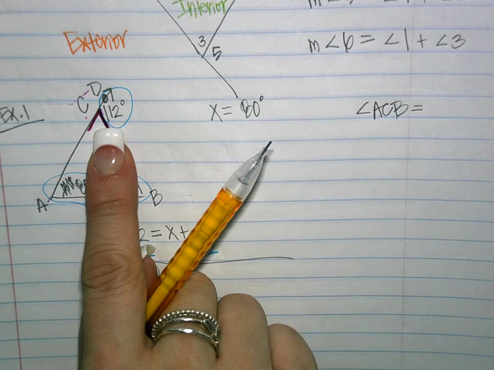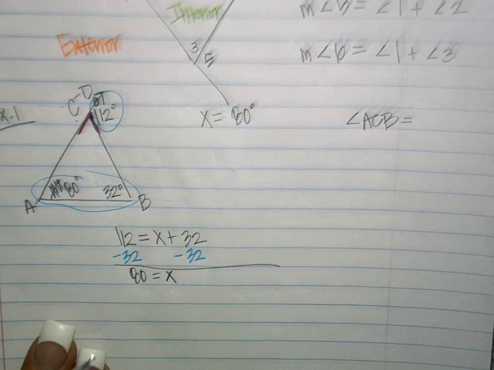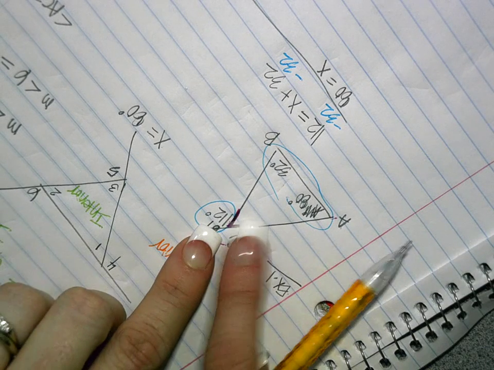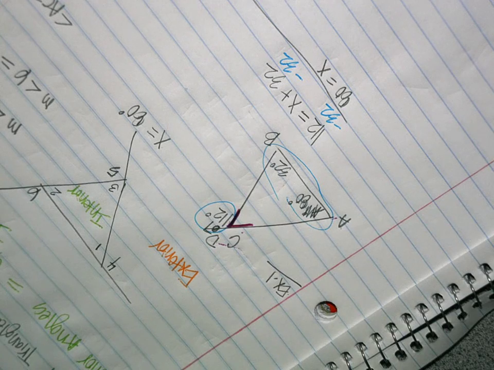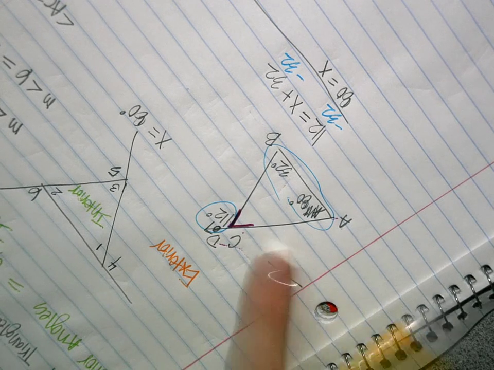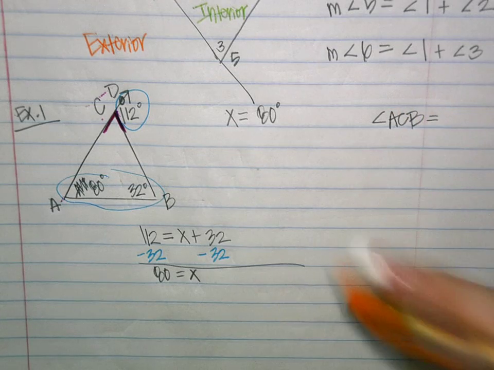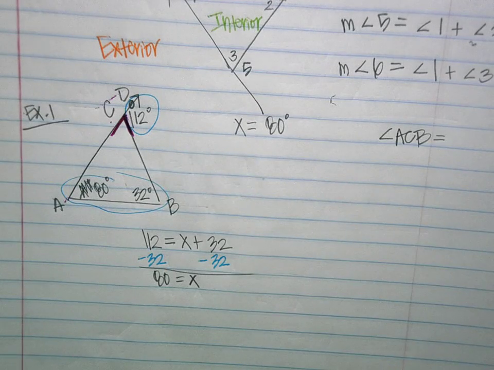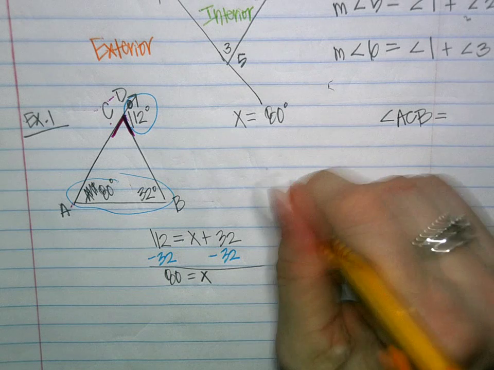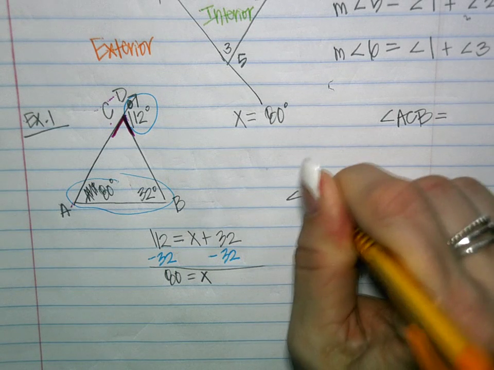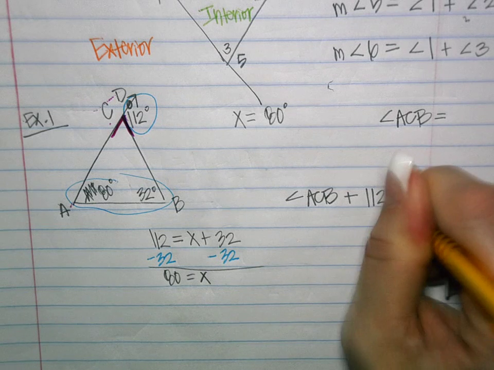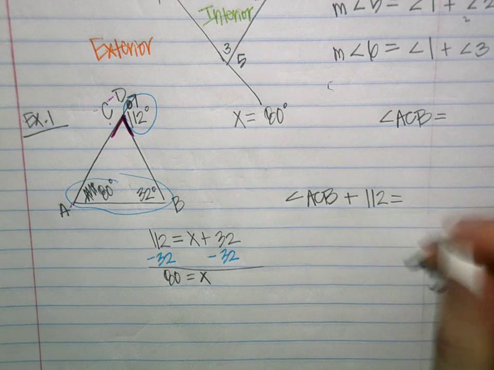Yes. Or what kind of line does this 112 and this angle make? Supplementary. They are supplementary. They make a straight line, okay? Supplementary angles make how many degrees? 180. So either way you do it, the measure of angle ACB plus 112 equals 180.